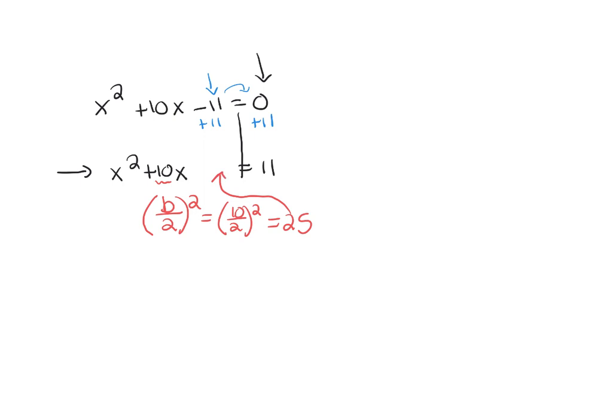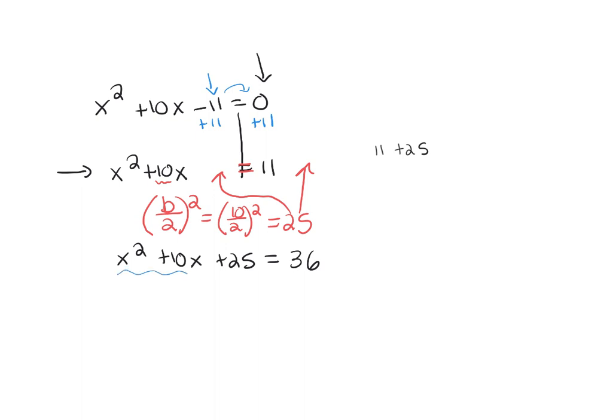But if I'm going to add something to my equation, I have to add it to both sides of the equal sign. So I will rewrite this as x squared plus 10x plus 25 equals 11 plus 25 is 36.